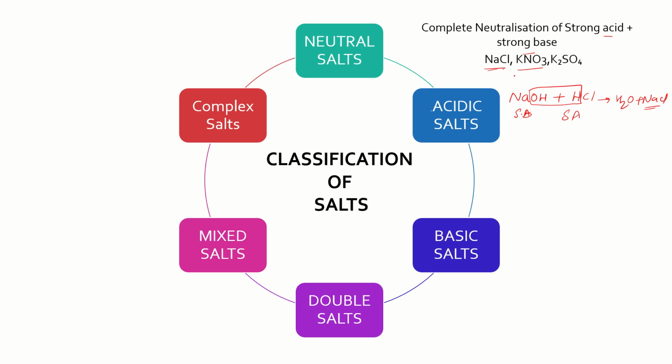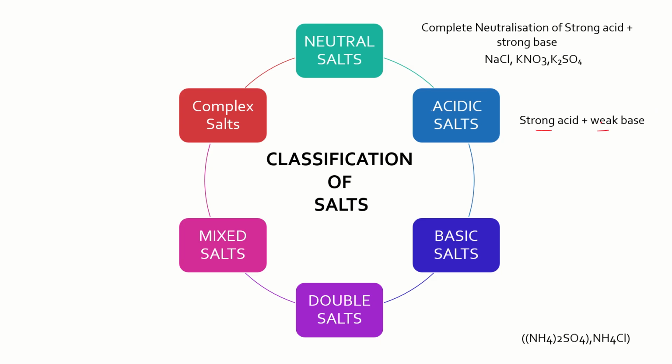Similarly, potassium nitrate is also a neutral salt. When a strong base reacts with a strong acid, the salt we get is a neutral salt. Then acidic salt. An acidic salt is formed by a strong acid and a weak base.